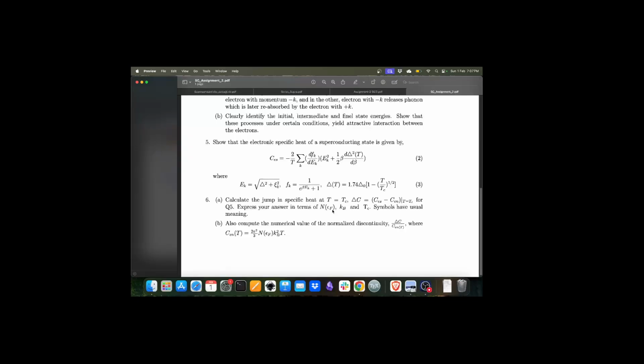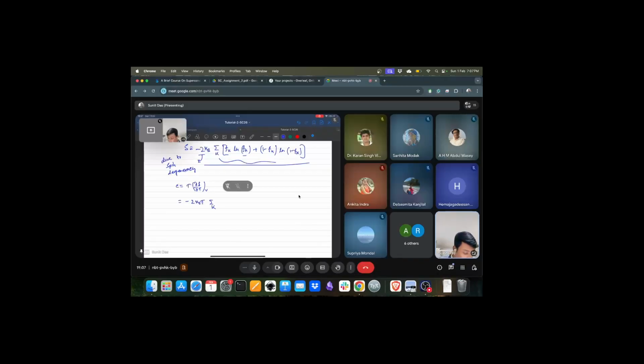So it will be minus 2 k_B T, and then the derivative on this particular part, so it will be sum over k, and then ∂/∂T of the whole part basically.